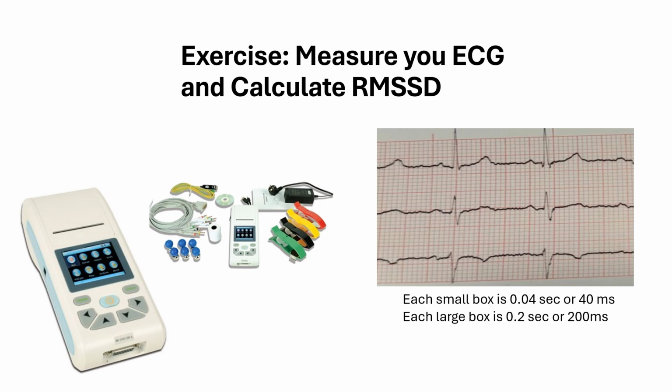So on this graph paper, each small box is 0.04 seconds or 40 milliseconds, and each large square is 0.2 seconds or 200 milliseconds. So what you need to do is count the squares between each R peak and calculate how many seconds that is, and that's your R to R interval.